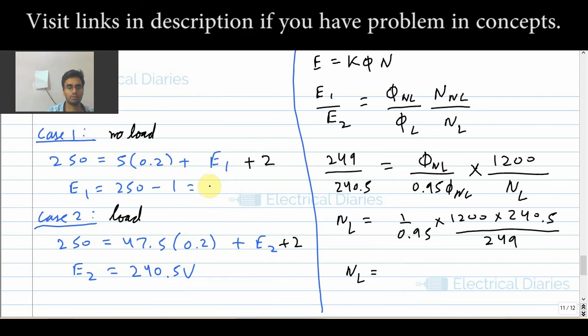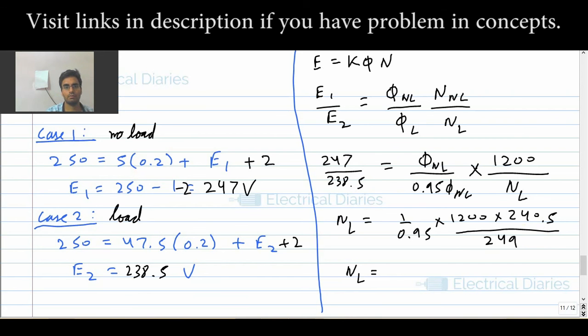So it will come out to be 247 volts, minus 2 here, and so here it will come out to be 238.5 volts. So if you put them here, E1 will be equal to 247, E2 will be equal to 238.5.